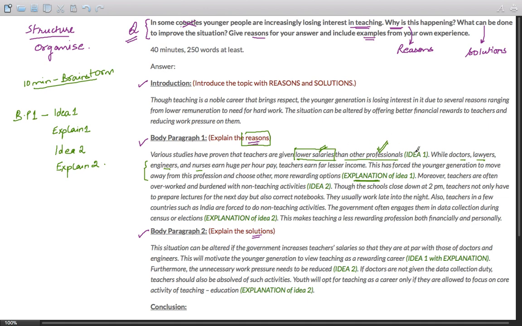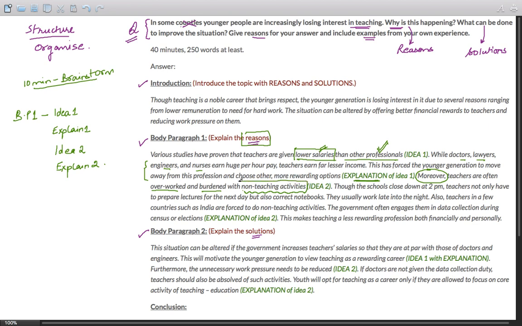Now, once the idea is mentioned and explained, you can use moreover as a connecting device. Since you're moving from the first idea to the second idea, the second idea is that they are overburdened and overworked with non-teaching activities.